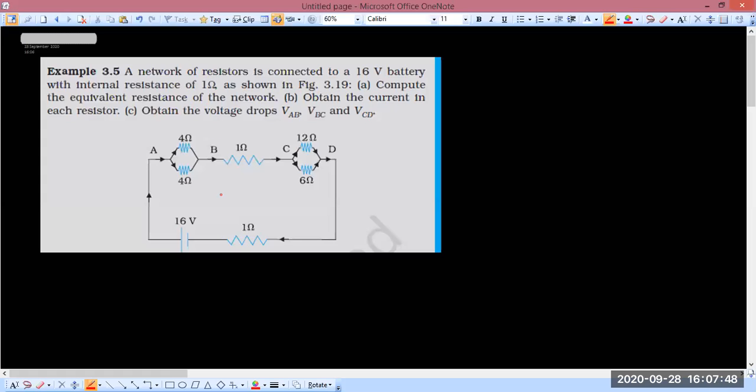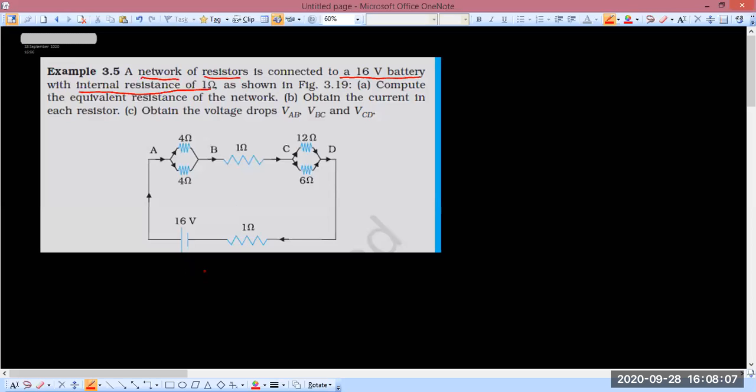So it says there is a network of resistors, right? Network means collection or combination. It is connected to a 16-volt battery with an internal resistance of 1 ohm.